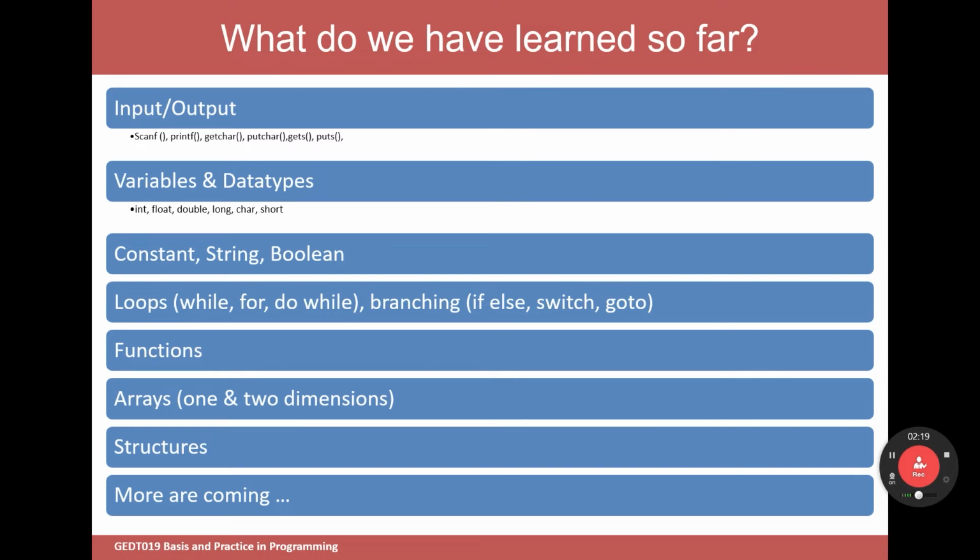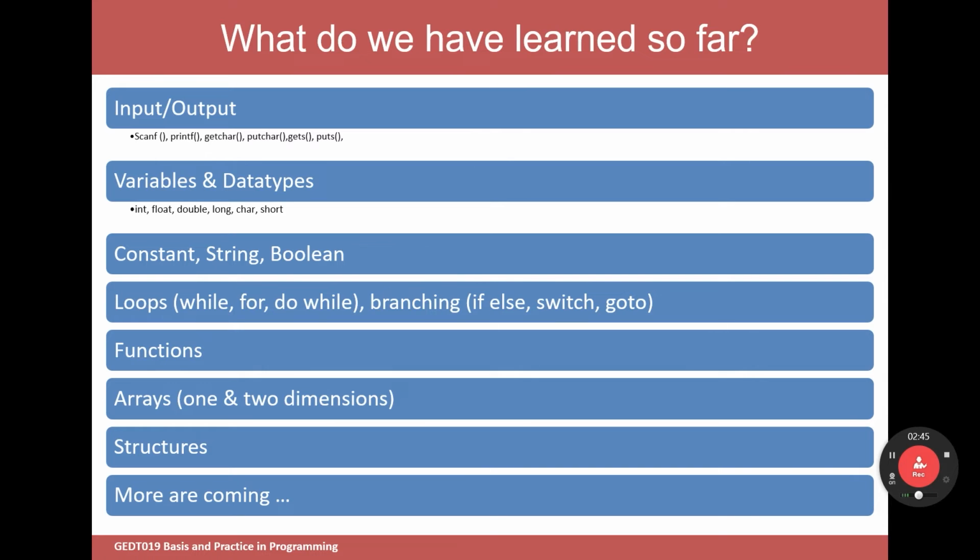We have also learned arrays: how to save not only a single value but multiple values in one variable, which we call an array. There are two types of arrays we have learned so far. The single-dimension array is just one row of multiple values, all of the same data type.